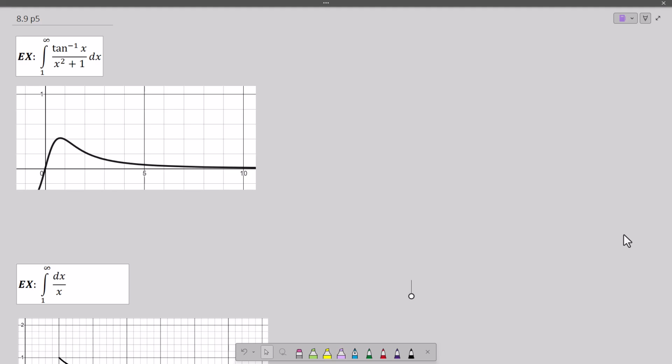When we look at this, one thing we want to do is to try to develop some intuition for whether we should be getting a finite or an infinite area.